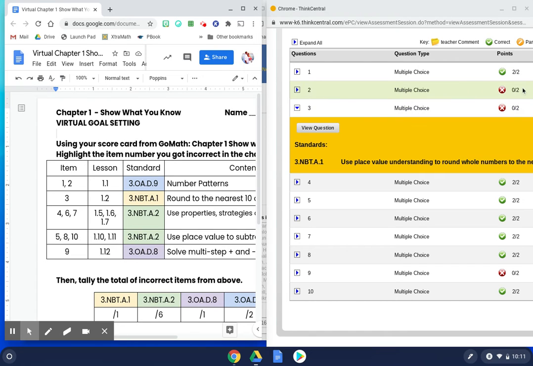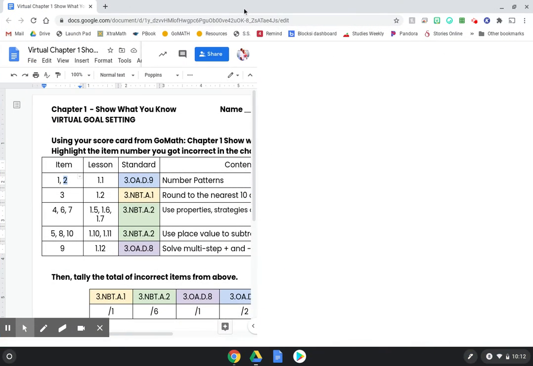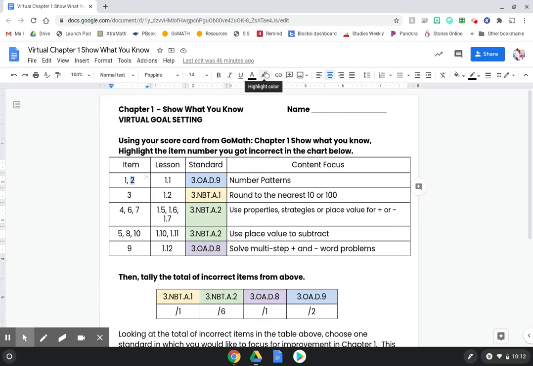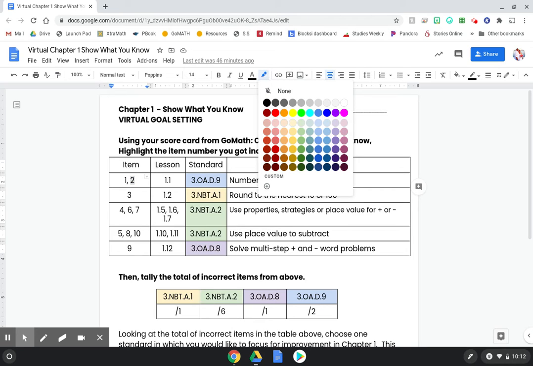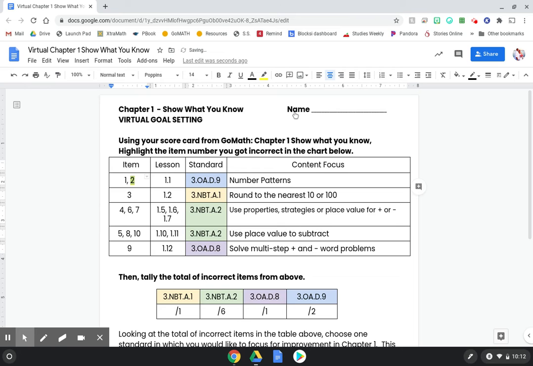Number 2, you can see on my form, I got this one incorrect, so I'm going to highlight it. I do that by highlighting over the number 2 and choosing the highlighting button right next to the letter A. And I can choose any color, but yellow usually stands out pretty easily.